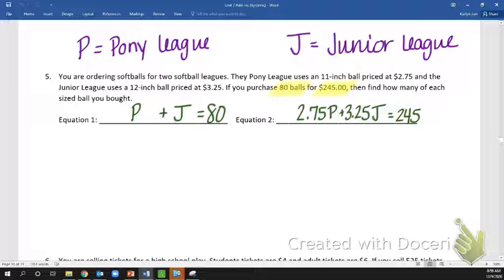So I'm going to eliminate P on this one. We have $2.75 for the money, so I'm going to need this to be a negative $2.75 for them to eliminate. So I'm going to multiply everything in that first equation times negative $2.75.